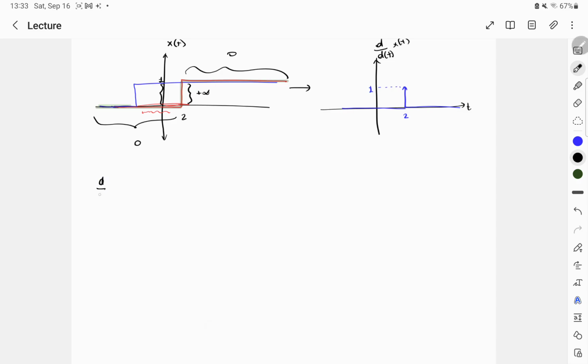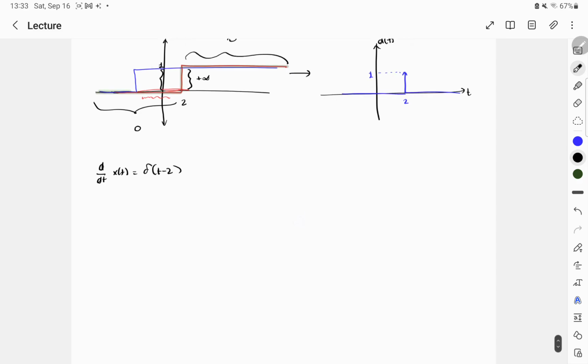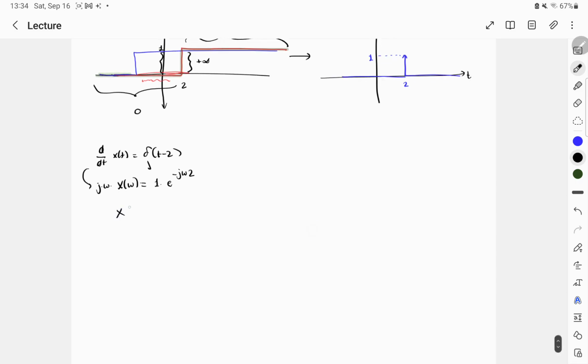Let me show you how. d/dt x(t), as we calculated, was delta(t minus 2), and then we find the Fourier transform of both sides, which is j omega times X(omega) equal to the Fourier transform of delta, which is 1, times the time shift, so we just multiply with e to the minus j omega 2, and then we find the Fourier transform.